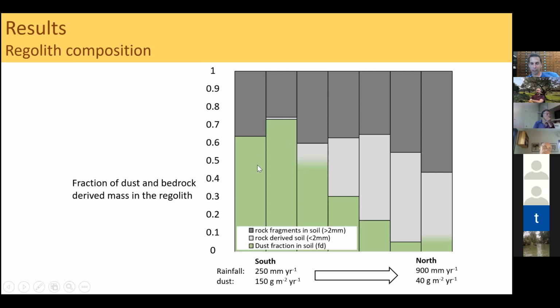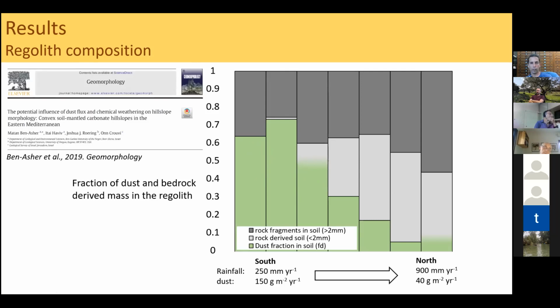And we can see that in the south, in green, the fine fraction is mostly dust derived. And as we go north, there's more and more light gray, which is rock derived fine fraction of the soil. This was published in Geomorphology in 2019, if there's anyone interested.